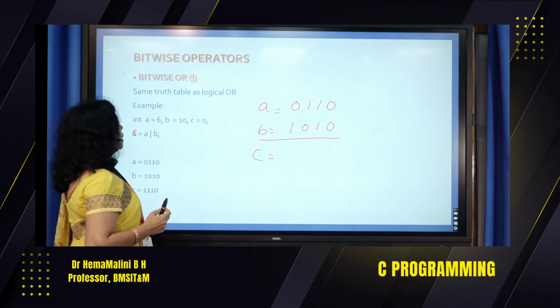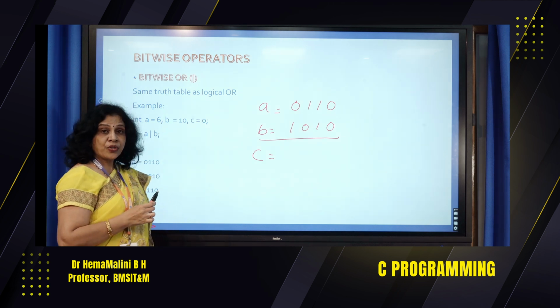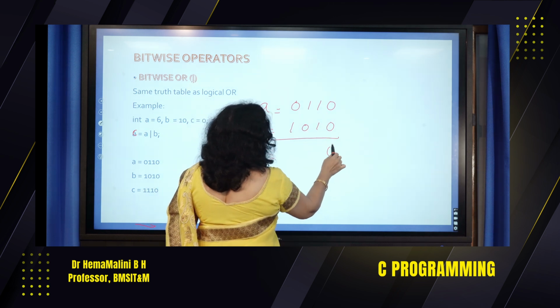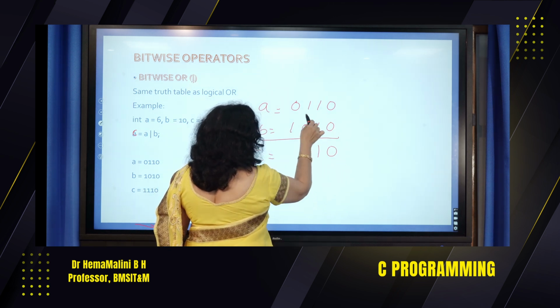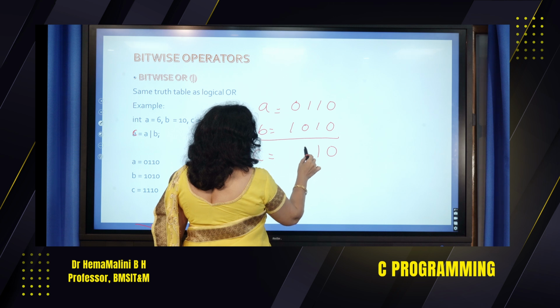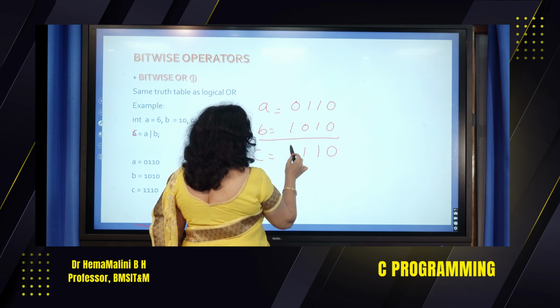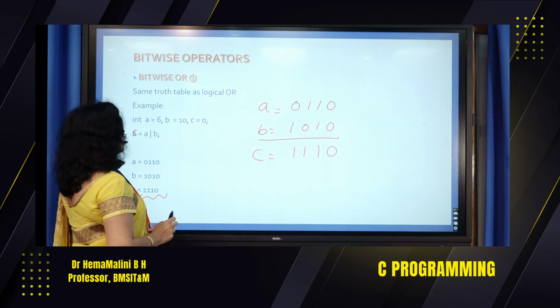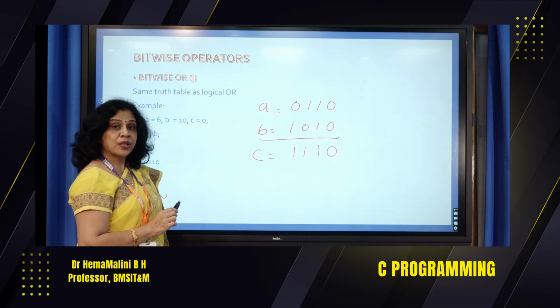The truth table remains to be the same as logical OR. So this is 0, 0 would be 0, 1 is 1, 1 or 0 is 1, 0 or 1 is 1. So the result is 1, 1, 1, 0. This is bitwise OR.